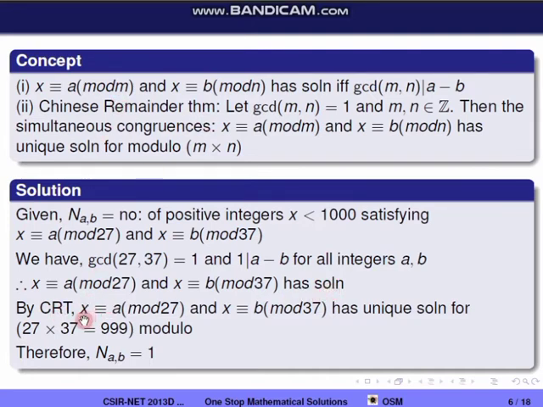And by the Chinese remainder theorem, x congruent to a mod 27 and x congruent to b mod 37 has a unique solution modulo 999. That is, for 1 less than or equal to x less than or equal to 999, this congruence relation has a unique solution. So the number of positive integers satisfying this relation is equal to 1. That is N(a,b) equal to 1.